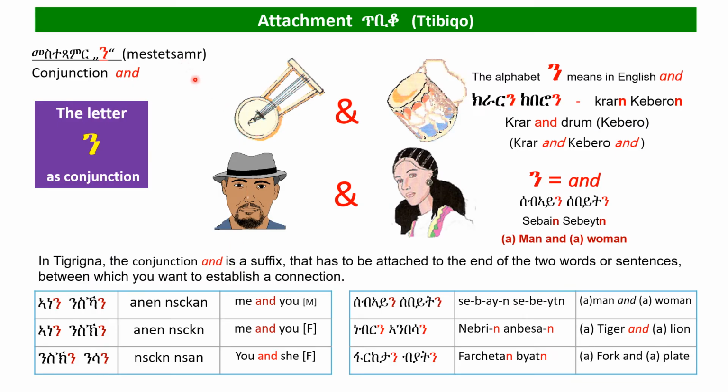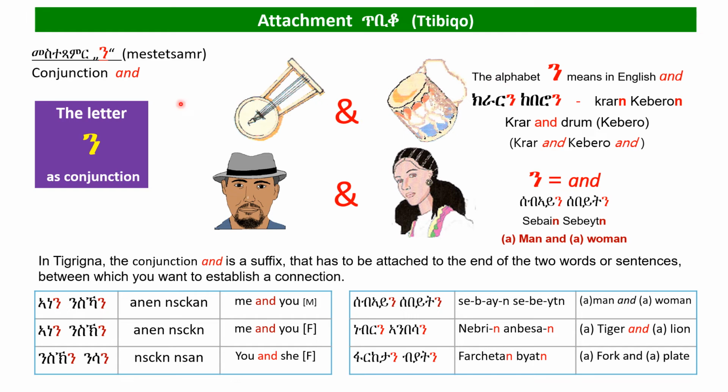Here we have an attachment. Conjunction and. The letter N we can use as a conjunction in Tigrinya.